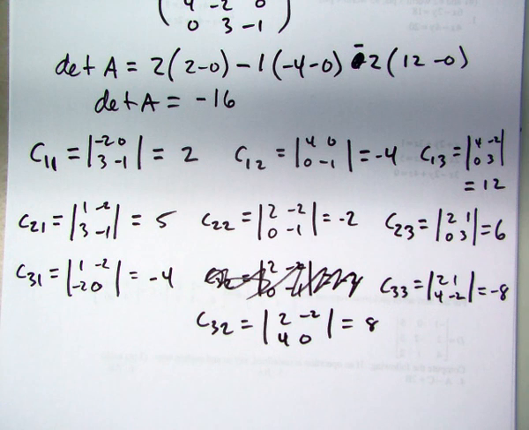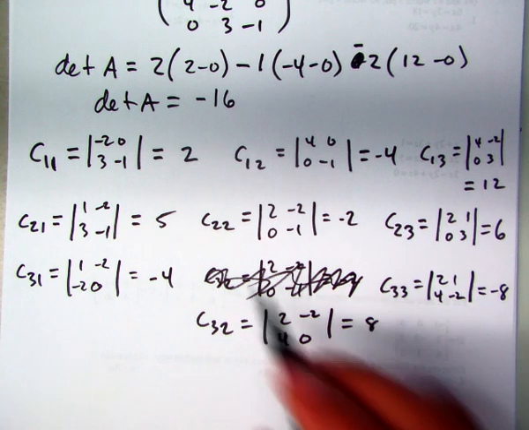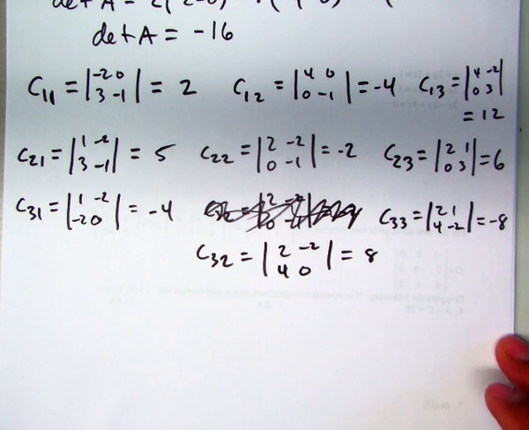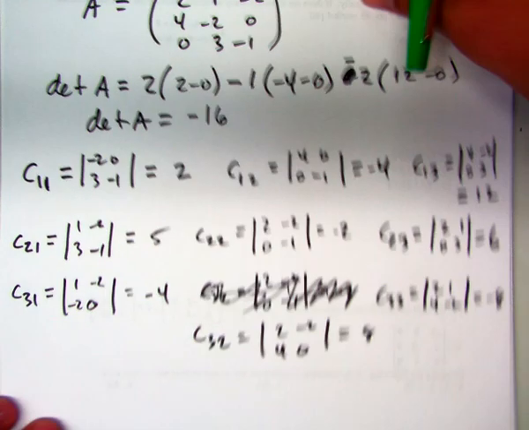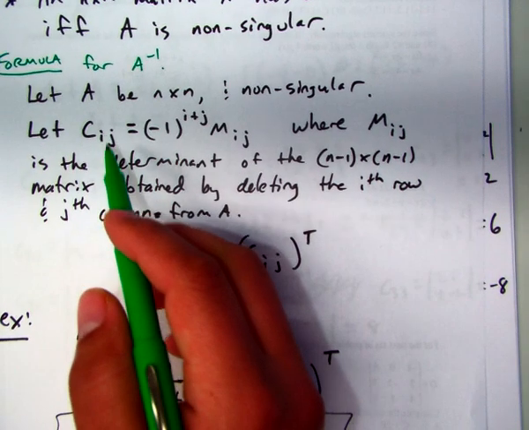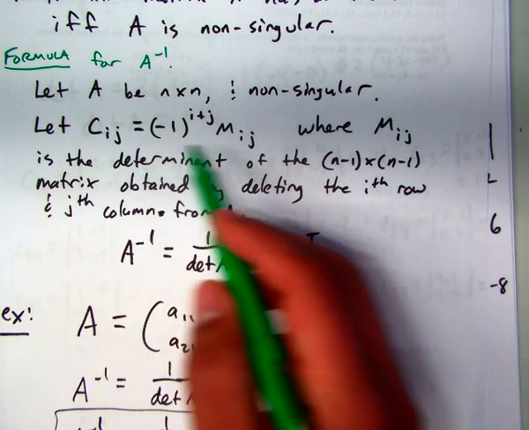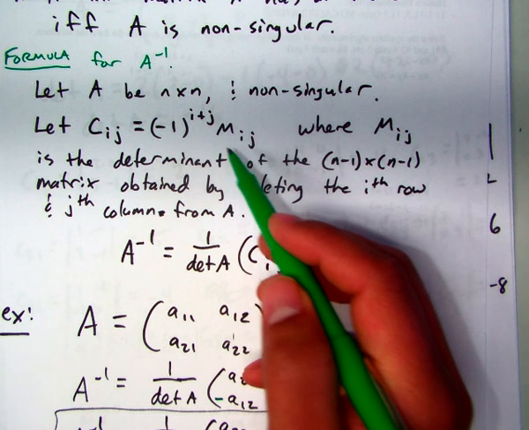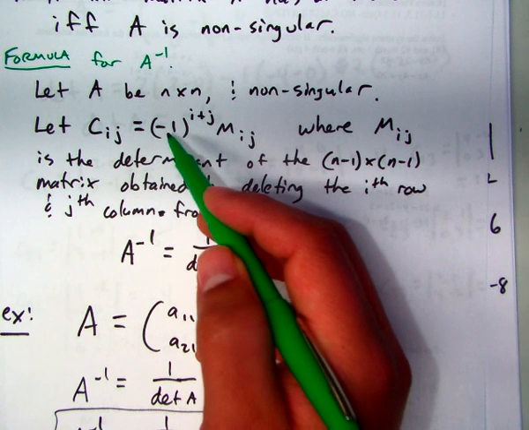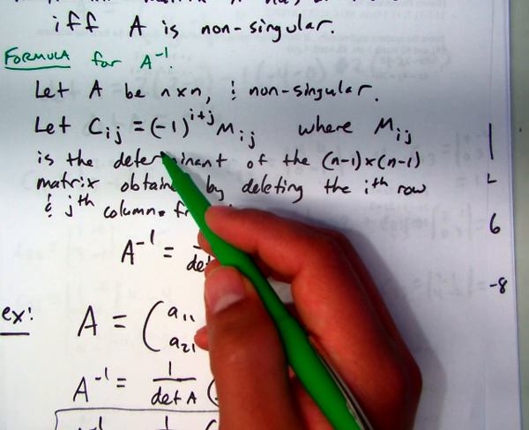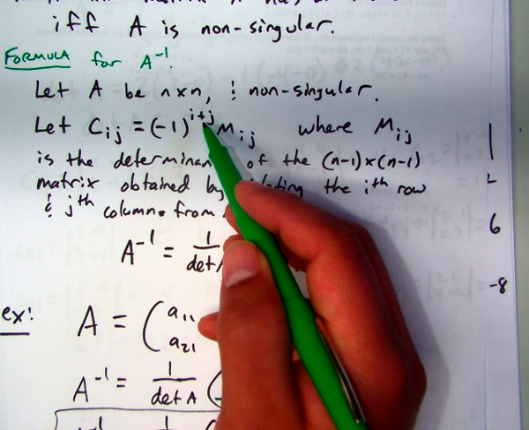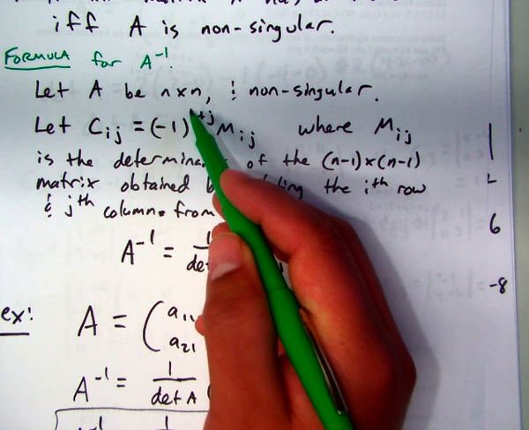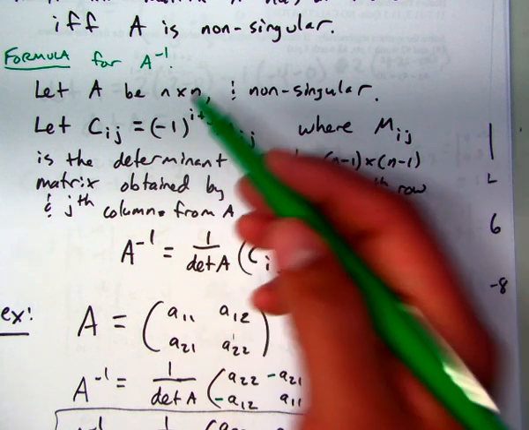Okay. So now the last thing that we haven't done yet, and again, you can do this however you want. After we find all the Cij's, all we've done is find the Mij's so far, right? We need to now adjust the sign. The easiest way to do that is to just add up the positions, 1,1, 1,2, 1,3, and so on. If it's an even exponent, that's obviously going to stay the same. If it's an odd exponent, then you're going to do the opposite.